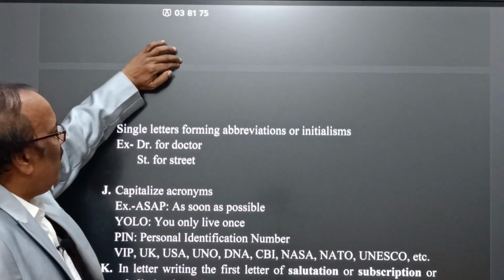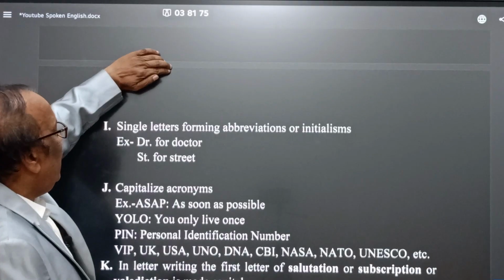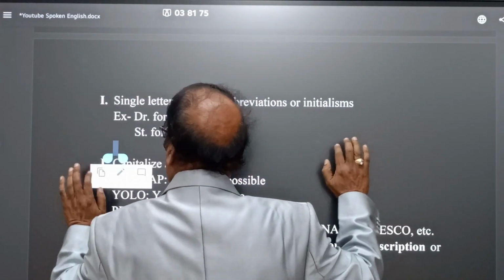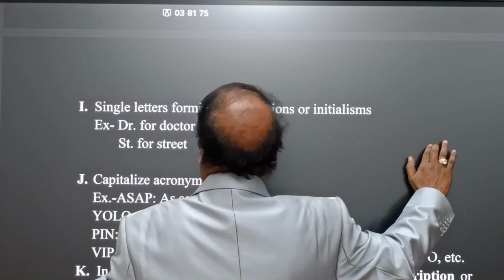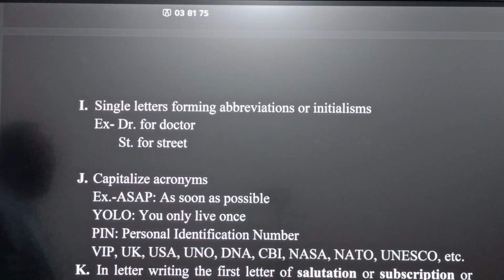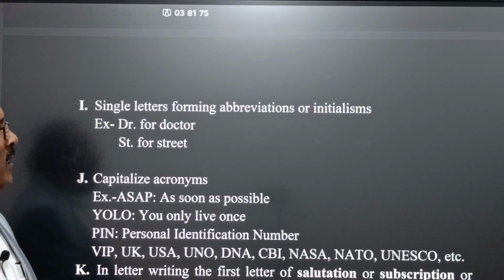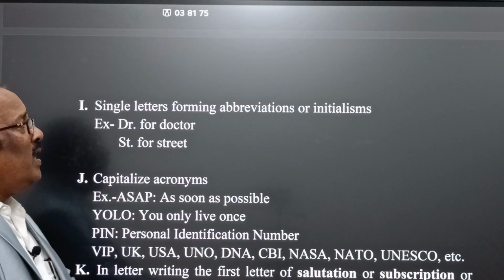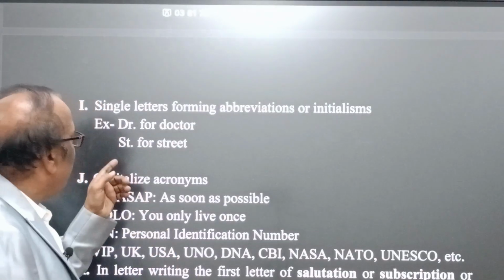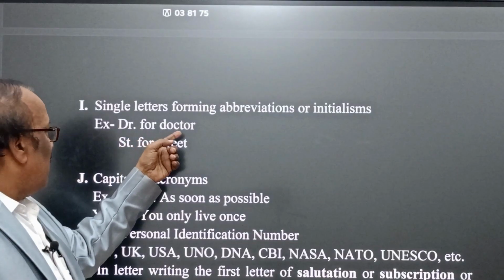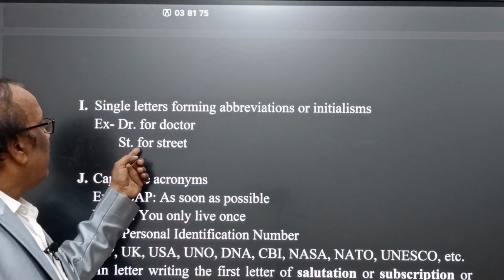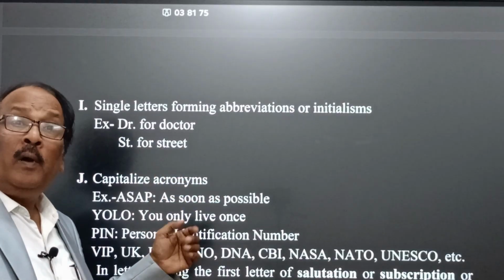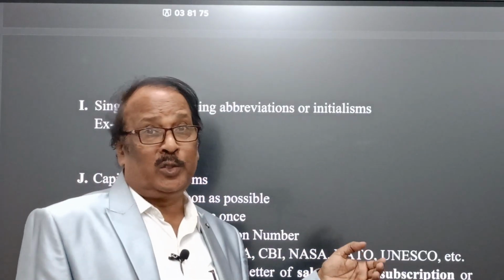The other idea we find is single letters forming abbreviations or initialisms. It means single letters forming abbreviations or initialisms. And here we find Dr. for doctor, and St. for street, or St. for Saint Joseph.